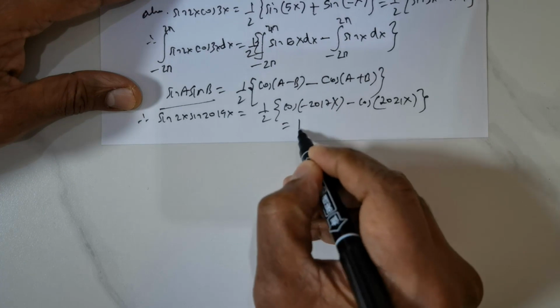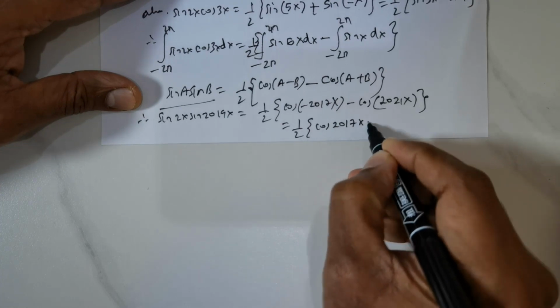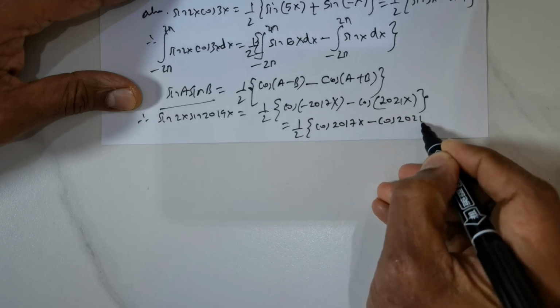Now cos is an even function, so you can rewrite this as cos 2017x minus cos 2021x.